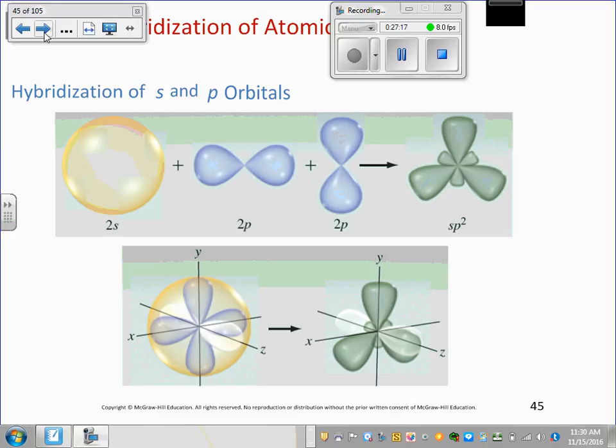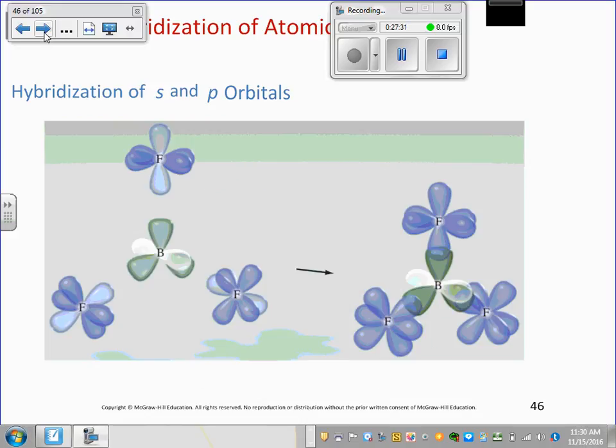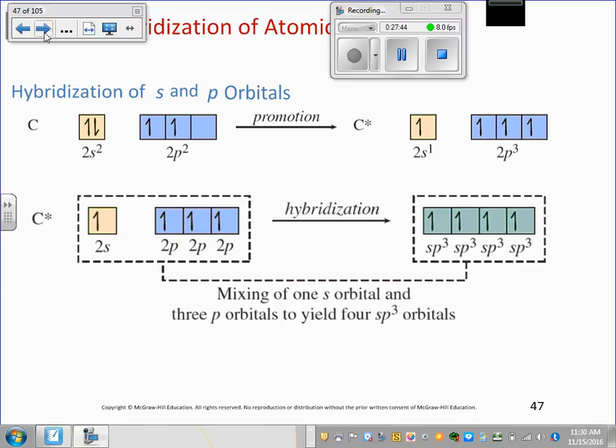So basically you get the sp2 hybrid, which looks like that green thing, kind of like a clover leaf. And you can see in boron how that would form with 3 fluorines, overlapping p orbitals of fluorine with the hybrid from the boron. Carbon, which we talked about, we know it forms 4 bonds. We only have 2 unpaired electrons. So again, we promote one of these electrons from the 2s2 into the vacant 2p.